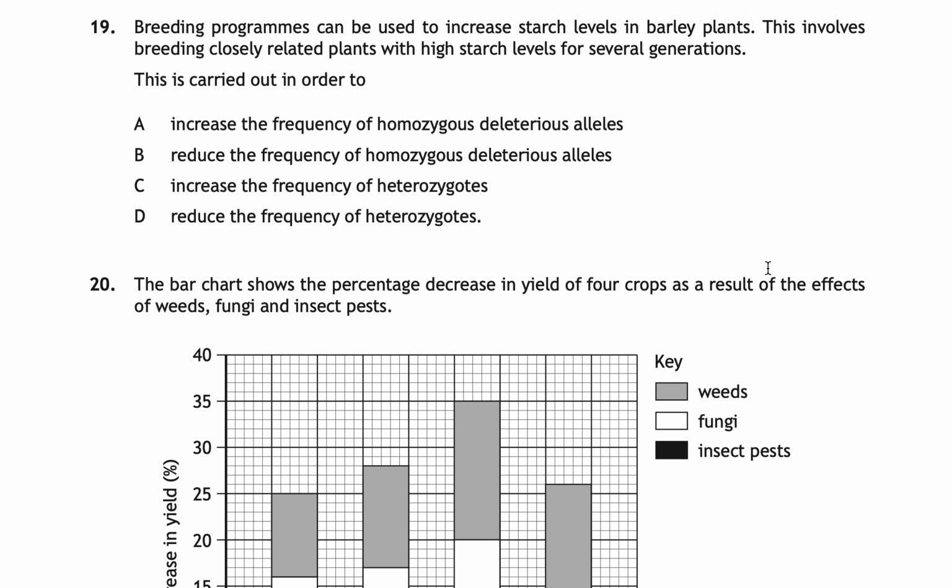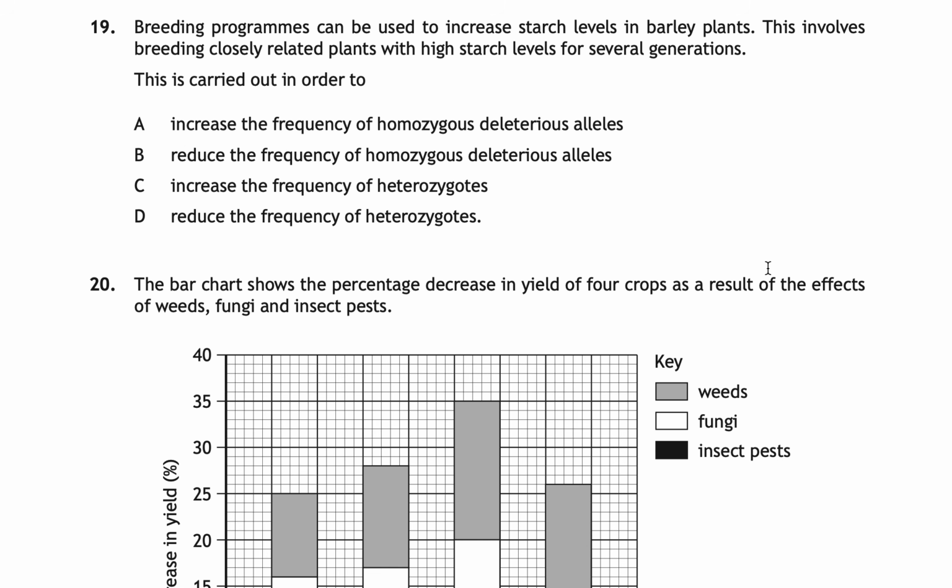19 is asking about breeding programs. It says breeding programs can be used to increase starch levels in barley plants. This involves breeding closely related plants with high starch levels for several generations. This is carried out in order to what? So the correct answer here for 19 is D. It's to reduce the frequency of heterozygotes. So first of all, it tells you in the question here about breeding closely related plants.